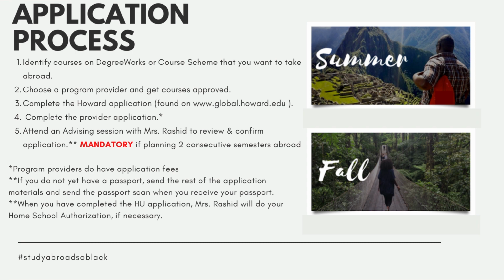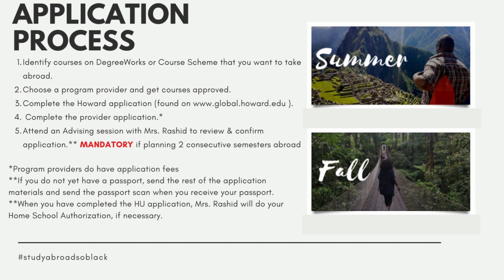So once you have made your list of classes at Howard that you have not yet taken, you take that laundry list of classes and you go to our website, take a look at the different providers that we're using, and you find a program that has those classes that you are planning to take abroad.